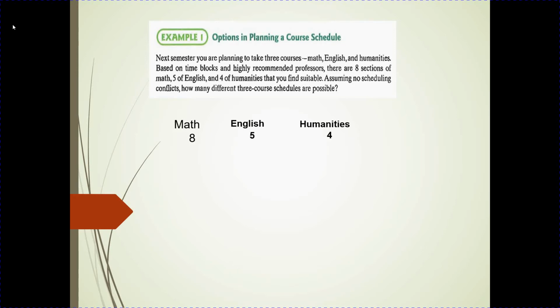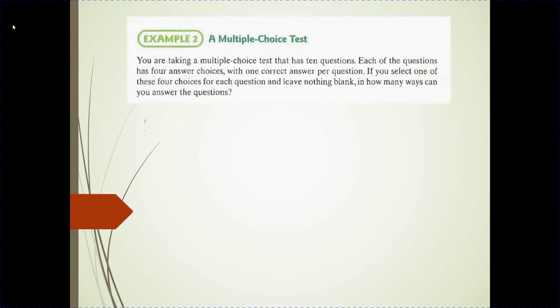You have 8 ways for Math, 5 ways for English, and 4 ways for Humanities. So you multiply 8 times 5 times 4, which is 160. So you have 160 different three-course schedules possible. This is example 1. Let's go to example 2.